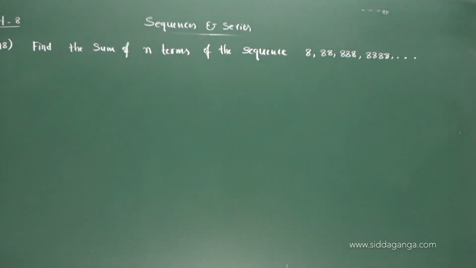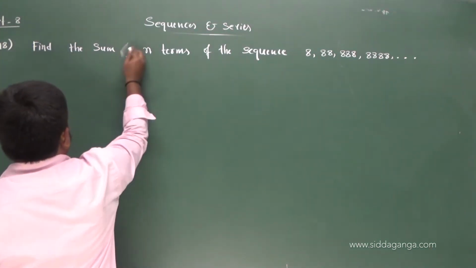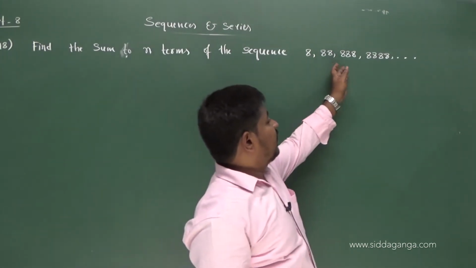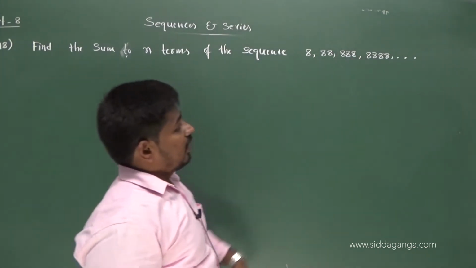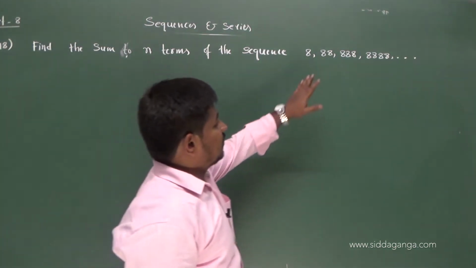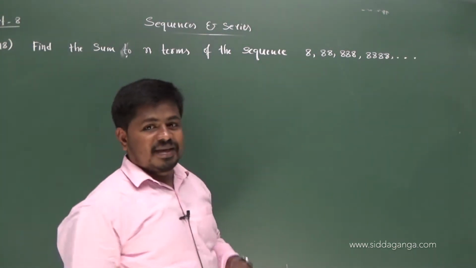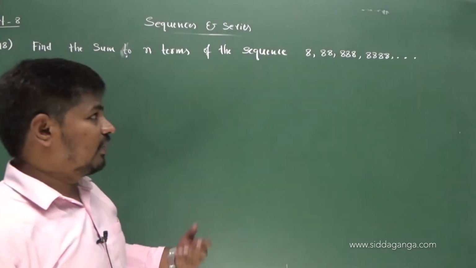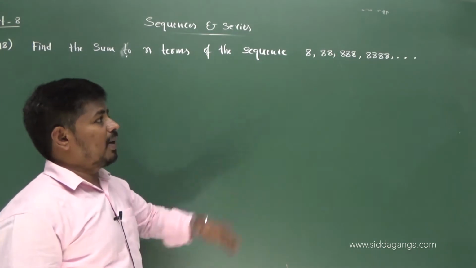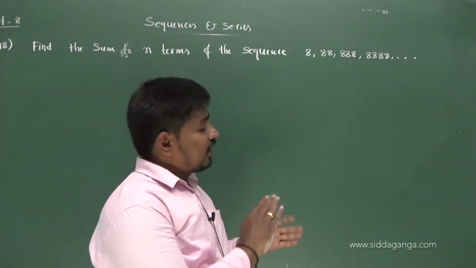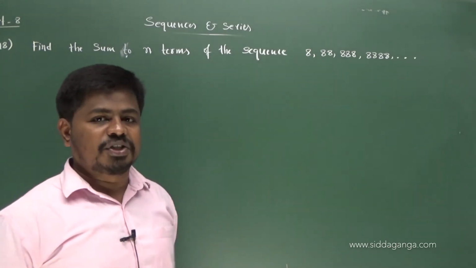Yes, we have to find the sum to n terms of this sequence 8, 88, 888, 8888. Students, look at this sequence, it is neither GP nor AP. Then how to find the sum? Of course, it has no visible pattern, but you can find the sum by converting it into either an AP or GP.